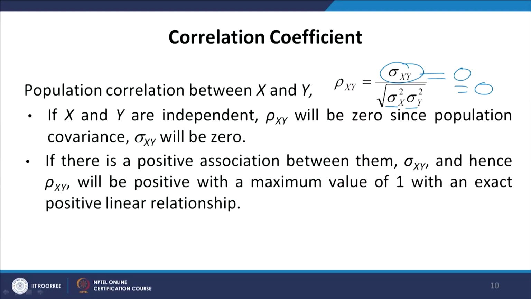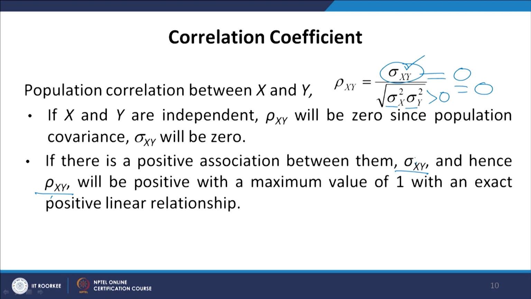So, in the denominator we always have some positive number. So, the sign of the correlation depends exclusively on the sign of the covariance. If covariance is positive, then correlation will also be positive. If covariance is negative, then correlation will be negative.